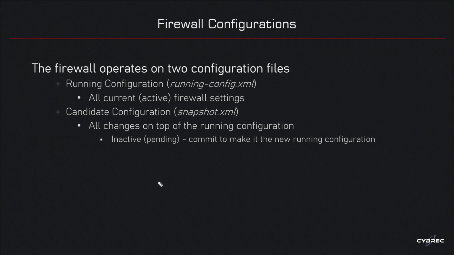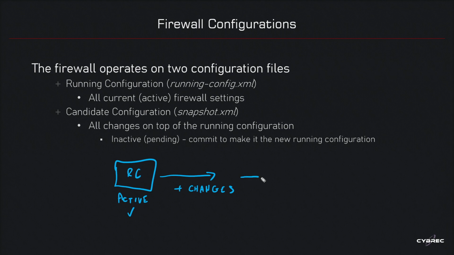Okay, so to visualize that, we will always start with the running configuration, which is the active stuff. So active, this is what is now being enforced. Now, as we make some changes, they will be initially added to the candidate configuration.